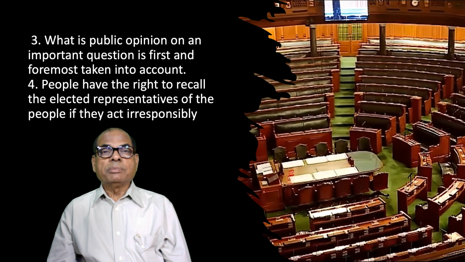Third, public opinion on an important question is first and foremost taken into account in Switzerland in a direct democracy. And fourth is important as far as the working of representatives in the concerned bodies is concerned.